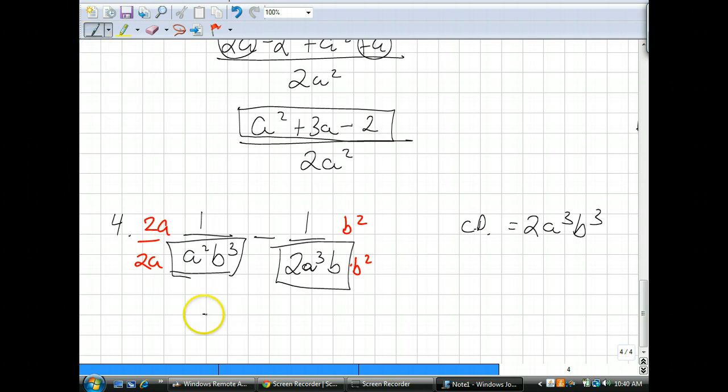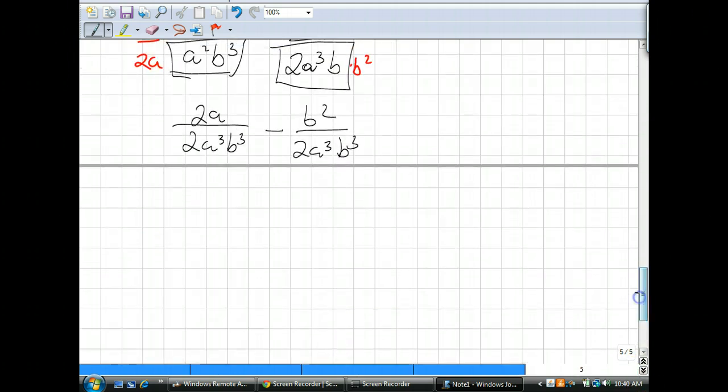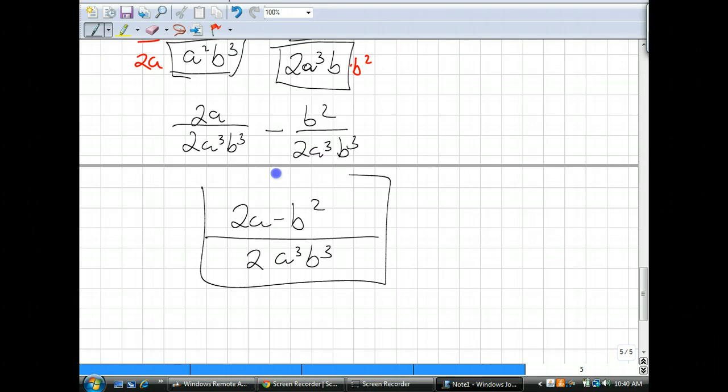So I do the multiplication, I get 2a over 2a cubed b cubed minus b squared over 2a cubed b cubed, which is going to give me 2a minus b squared over 2a cubed b cubed. And the numerator does not factor at all, so that is our final answer.